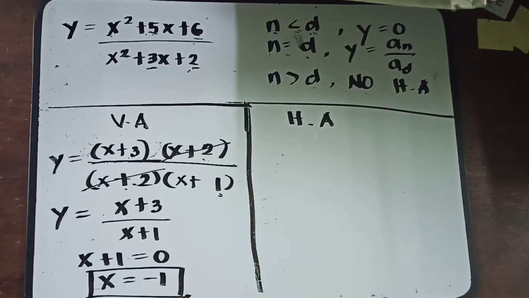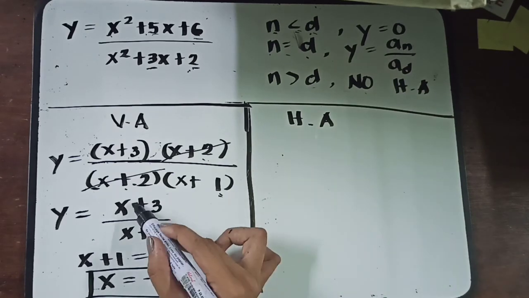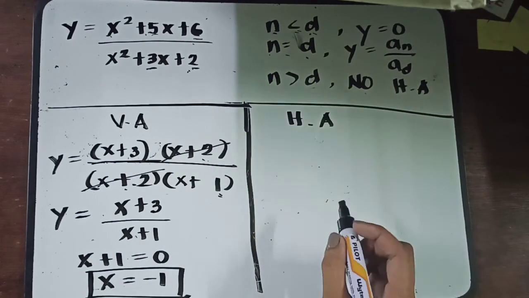So, now, in finding the horizontal asymptote, so consider natin itong tatlong condition. Hanapin yung degree ni numerator and degree ni denominator. Okay, so ang gamitin natin is y is equal to x plus 3 over x plus 1. So, first degree. So, nag-fall siya under n is equal to d.